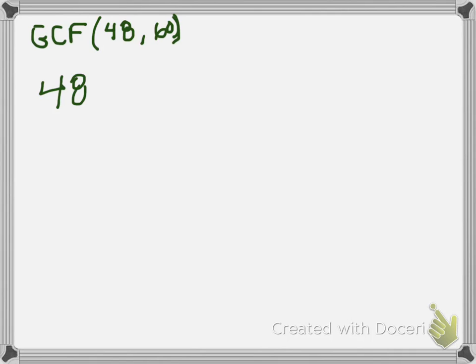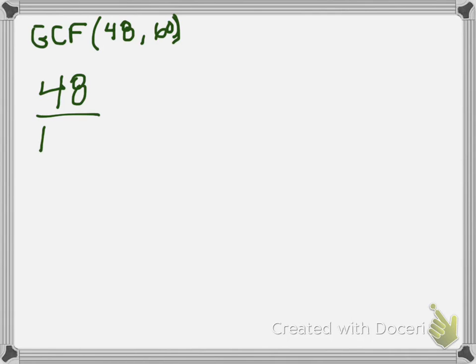For example, if you had to find the GCF of 48 and 60, then you would have to make a list of all the ways that you could multiply to get 48.